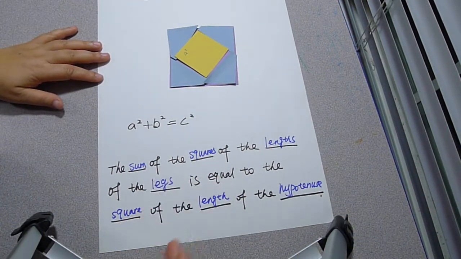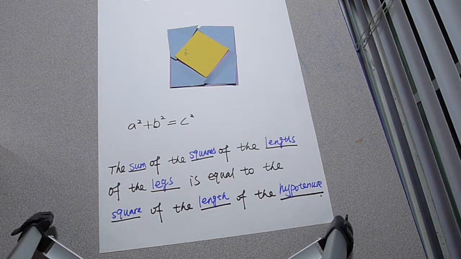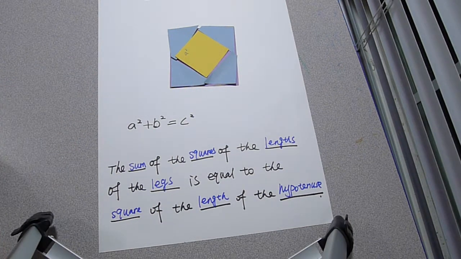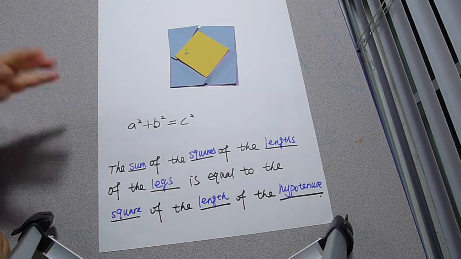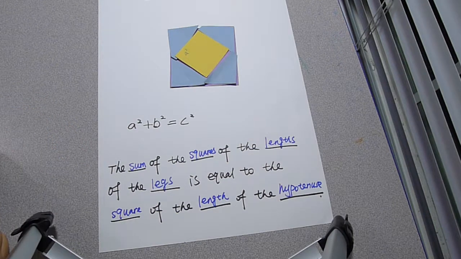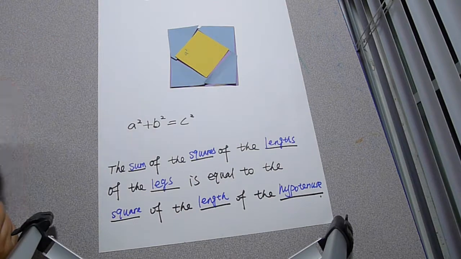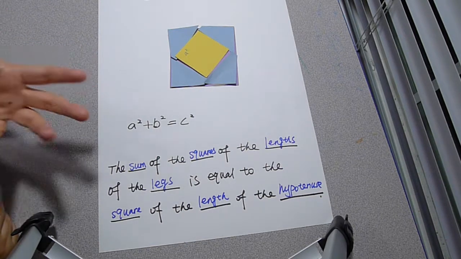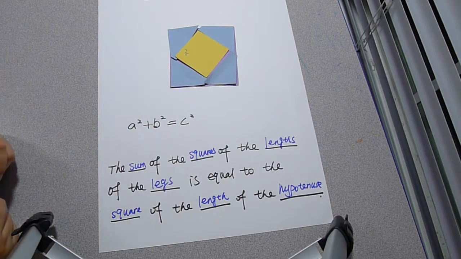The sum of the squares of the lengths of the legs is equal to the square of the length of the hypotenuse. After students come up with the equation and the definition, I'm going to show students how to apply the Pythagorean theorem and its inverse to solve problems.